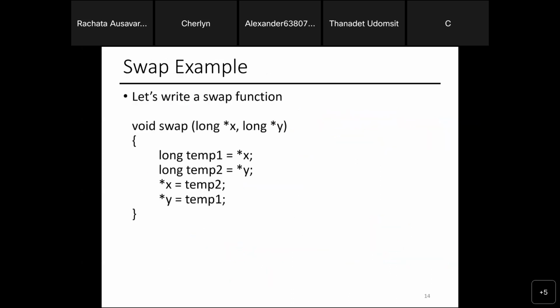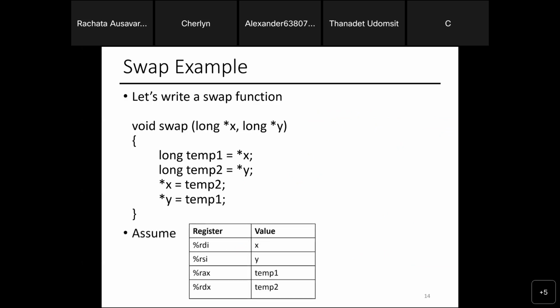So now, before we take a quick break, I want you to think about how to write this swap function in assembly, because there's a really easy way to do this. In the swap function, I want to swap the values of x and y. I pass in the addresses, make sure temp1 equals x, temp2 equals y, and then swap them. You don't have to return, because by the time you return, the 2 values are already swapped.